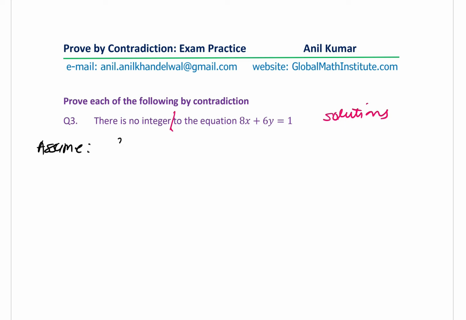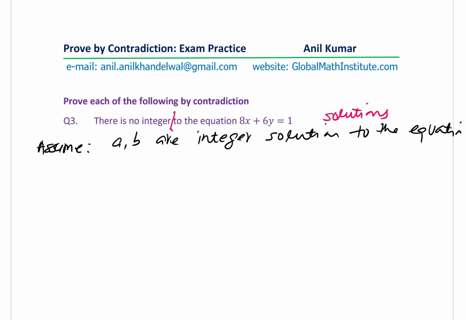So let's say a and b are integer solutions to the equation. Correct? So we are using contradiction. Well, let a and b be an integer solution.